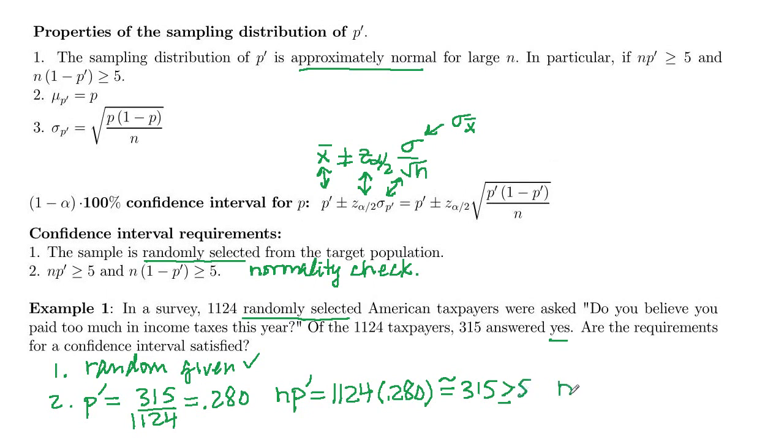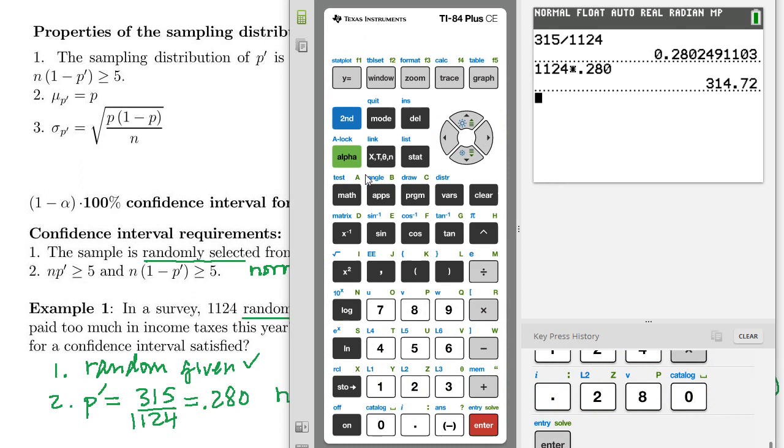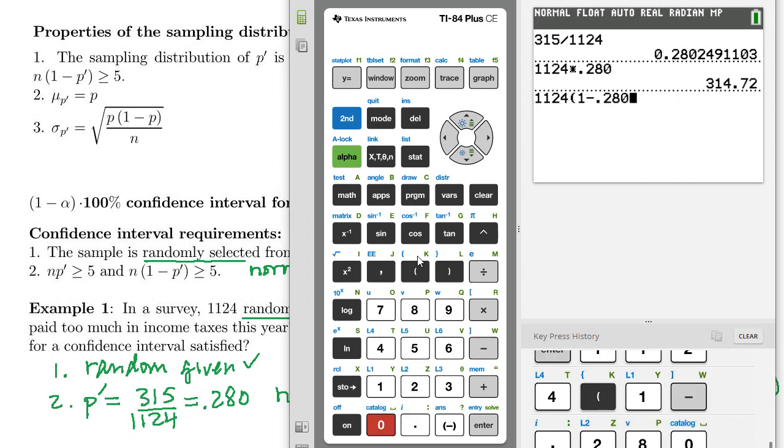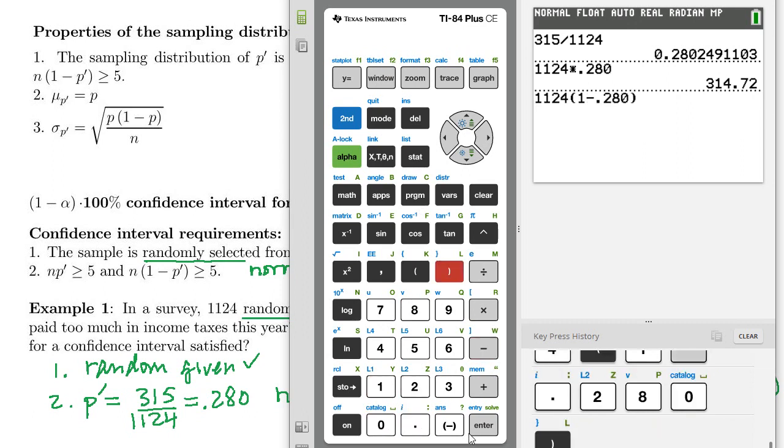And then we do n times 1 minus p prime. That's 1,124 times 1 minus 0.280, and let's compute that one. 1,124, and then we need some parentheses, 1 minus 0.280, close it up.